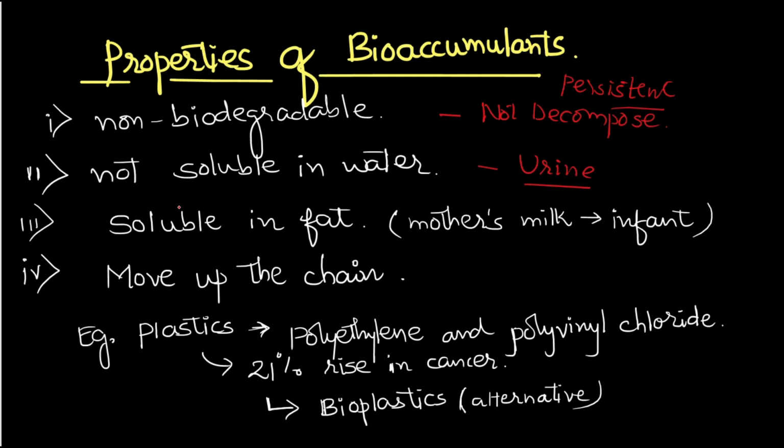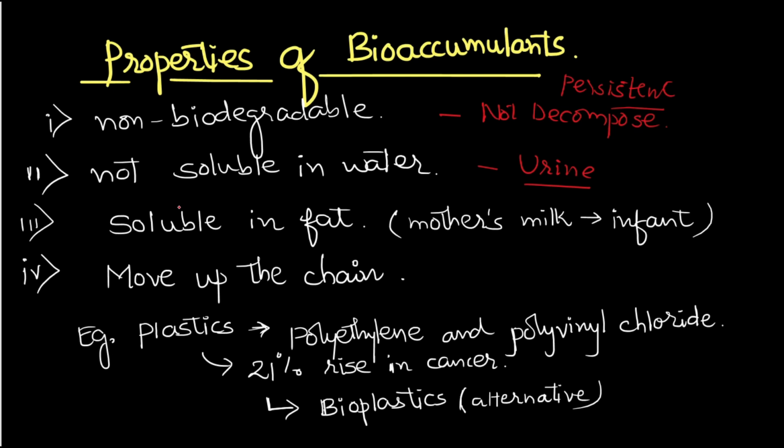So how do bioaccumulants prove to be harmful for humankind? Now let us consider the example of plastics. Plastics are made up of polyethylene and polyvinyl chloride, as you all know.